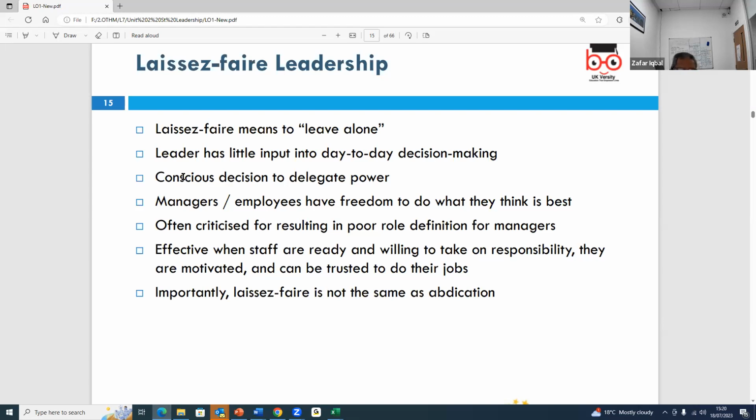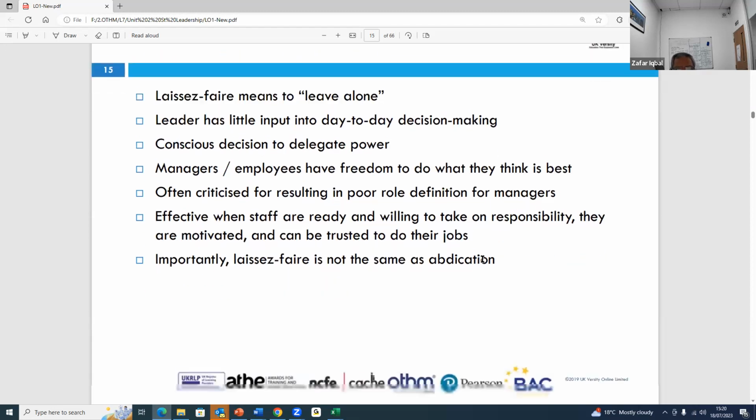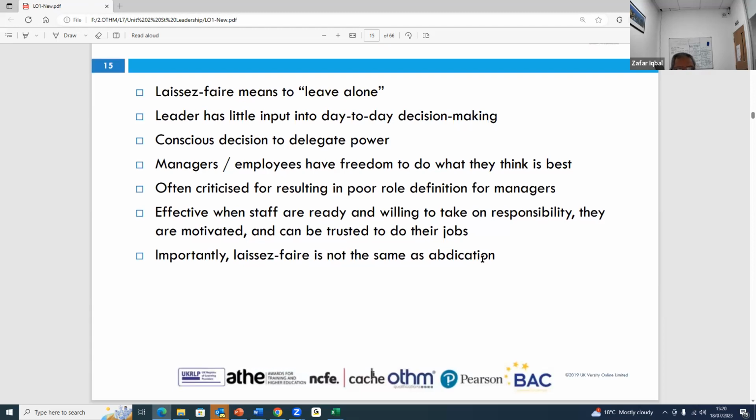But it's not a very good leadership style, though it gives the employees and managers the freedom to do what they think is best for the organization in particular circumstances. However, the responsibility still stays with the leader.